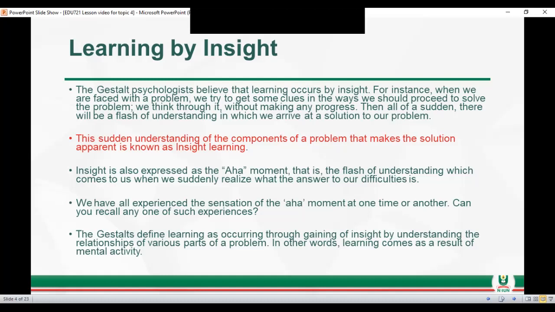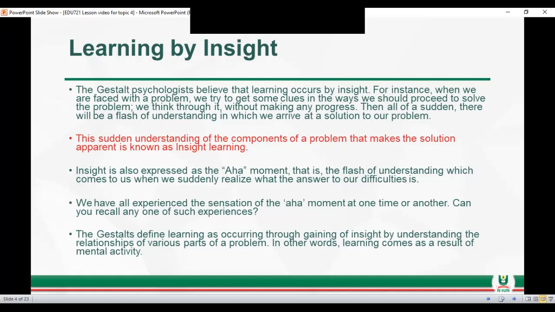So they are more into thinking, into the cognitive structure, how you are able to solve a problem using the thinking faculty, not just the outward behavior like the behaviorist. This flash of understanding that comes to you sometimes is often expressed as the aha moment.